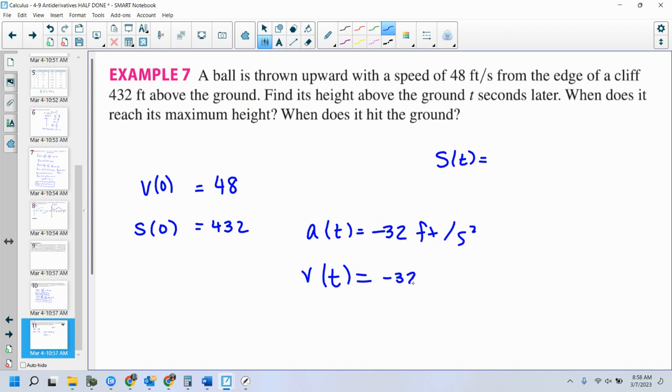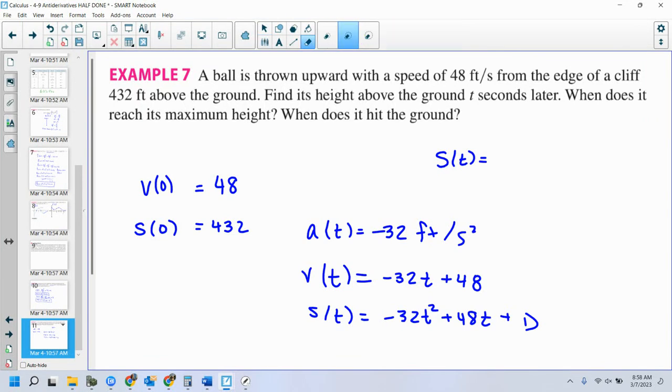Okay. Negative 32t, I would say plus c, but I know what that is: plus 48. And then I can keep going and say s of t is equal to negative 32t squared plus 48t, we'll say plus d.